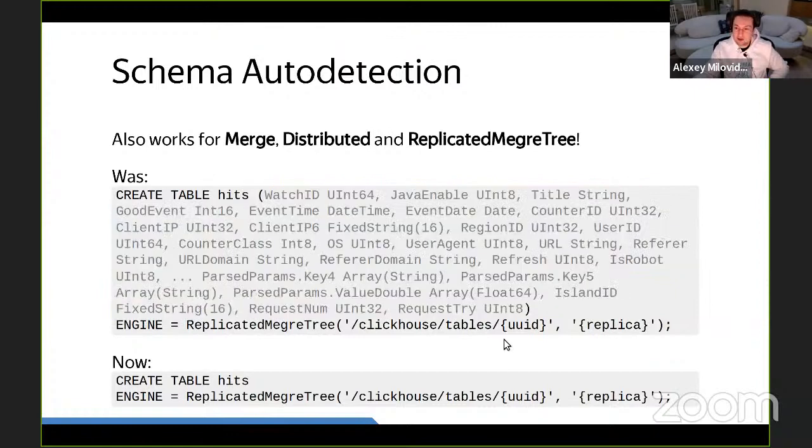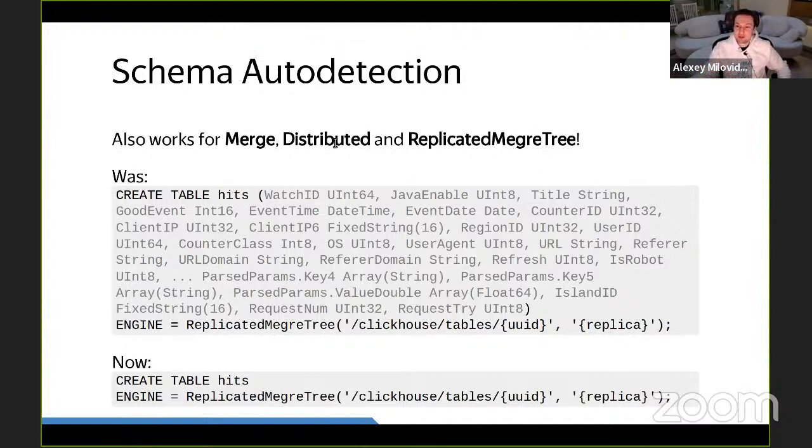But when you create a second or third replica, you can write just like this: create table without the schema. Just specify the engine. It will go to another replica, extract the schema, and copy it for you.